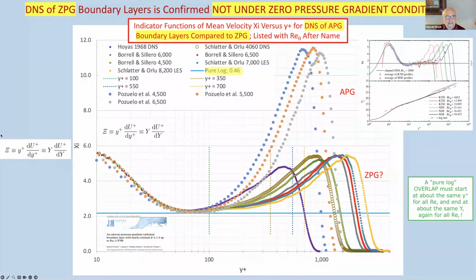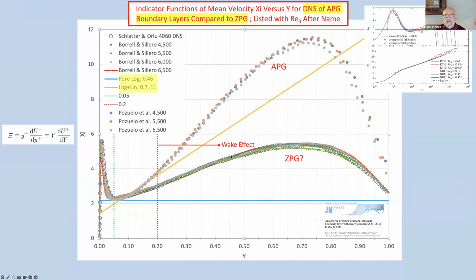And you plot C, and you tell me if you see any log law. You don't see it. They seem to be down here below y plus of 100, but nothing in the traditional. Well, what's the problem? So we look with a microscope at the ZPG and the APG.